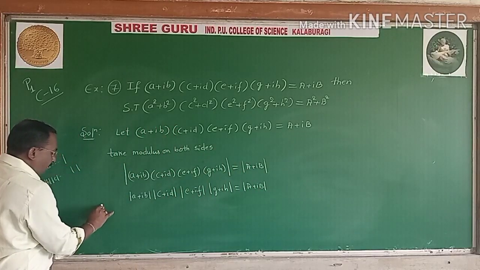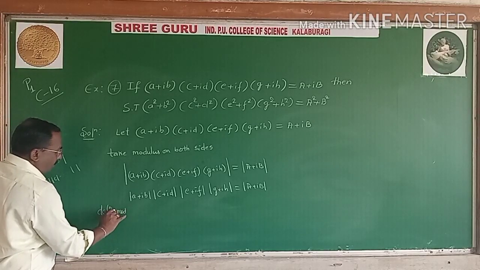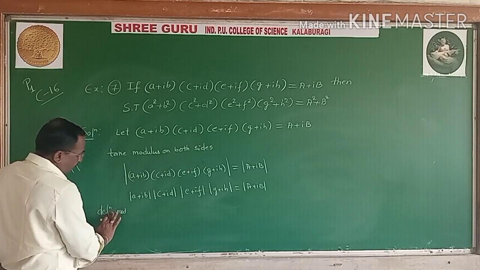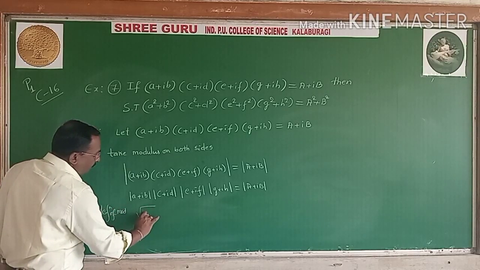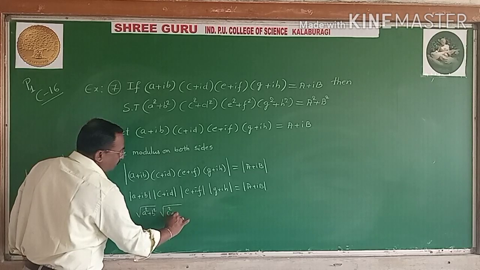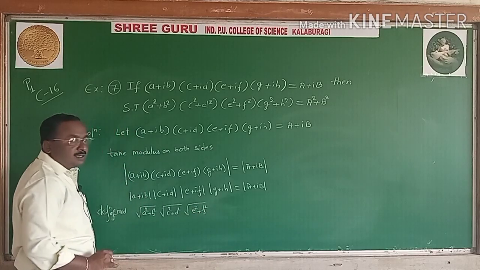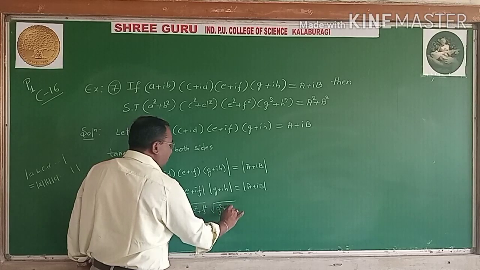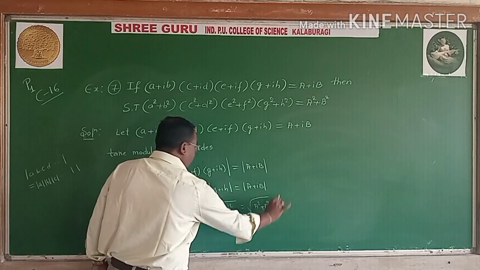By the definition of modulus, this is the square root of a square plus b square, square root of c square plus d square, square root of e square plus f square, that is, square root of real part square plus imaginary part square.